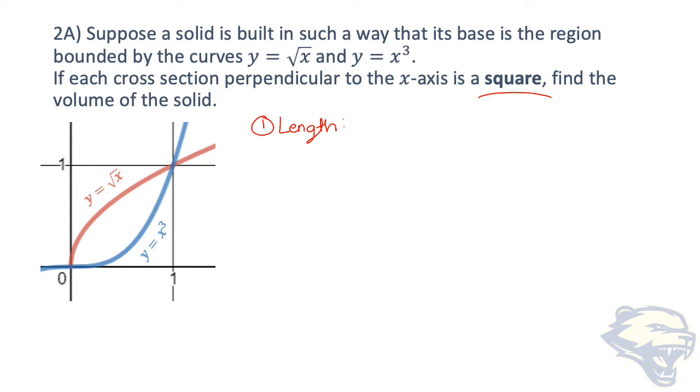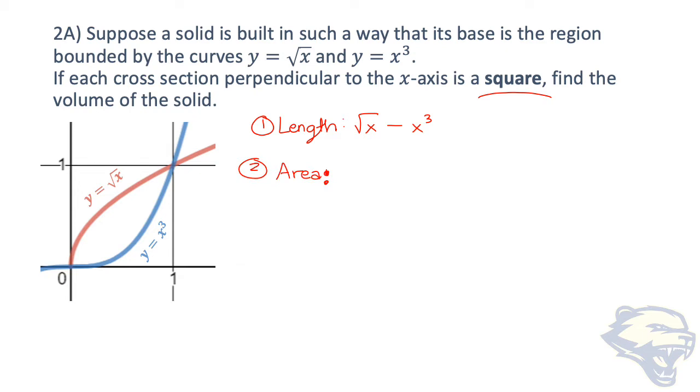Root x is the top boundary of the region, and this time the bottom boundary is x cubed. So square root of x minus x cubed is going to be my length function that gives me the lengths of the sides of the squares as we go through this. So that's it for length, it's just root x minus x cubed.